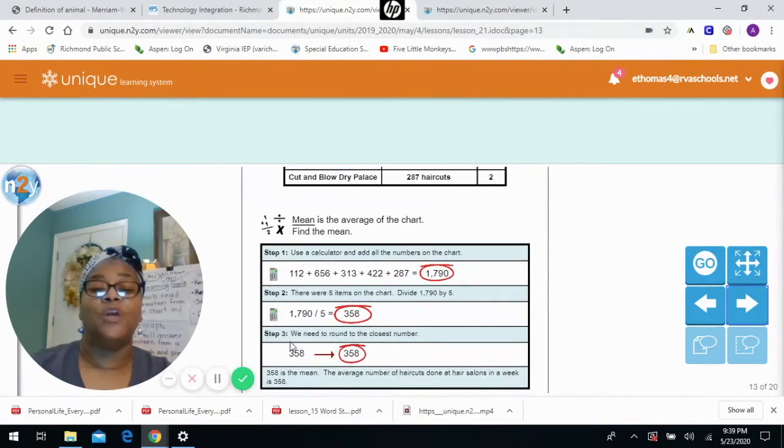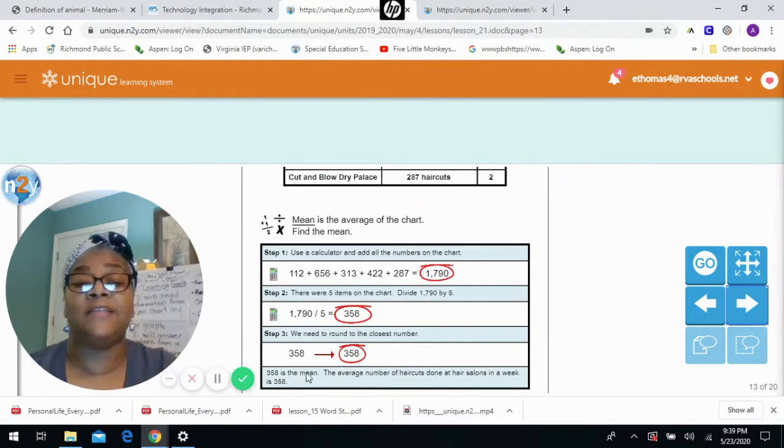That's the average. So we need to round to the nearest number because it was a point something when they did it. And they rounded to the nearest number. Now remember your rules for rounding. 4 or less, the number stays the same. 5 or above, then you add 1. Okay? So 358 is the mean, the average number of haircuts done at the hair salon in a week.